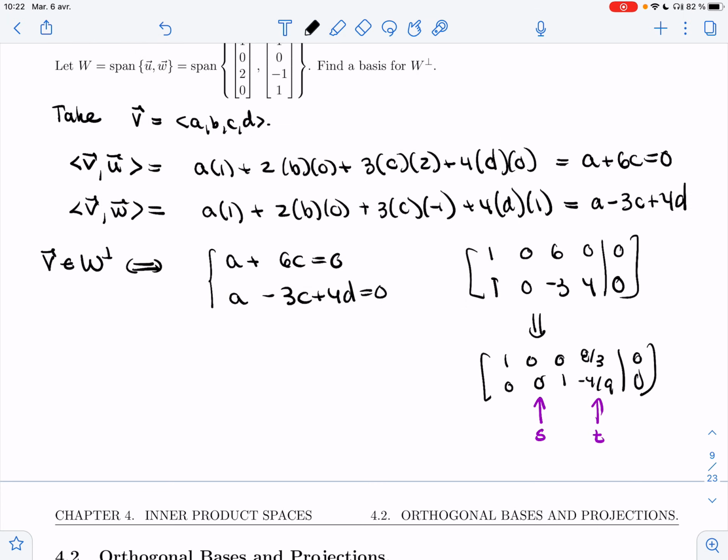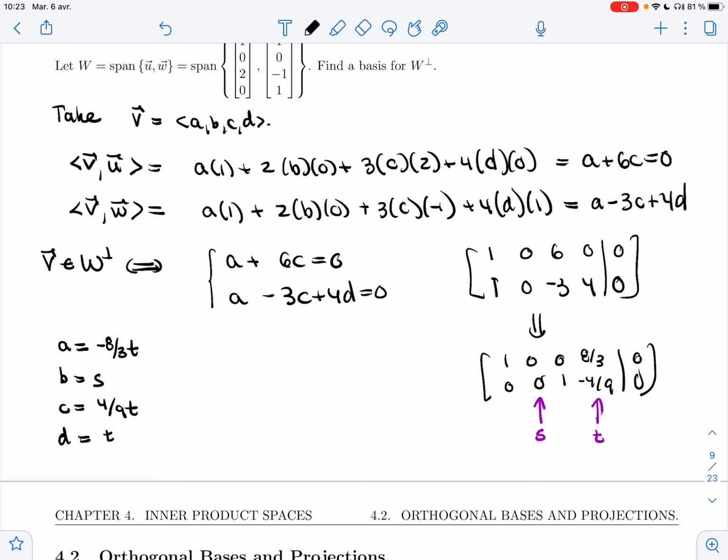And so what I get is that a is minus 8 thirds t, b is s, c is 4 ninths t, and d is t.